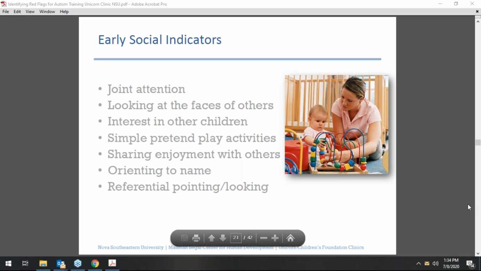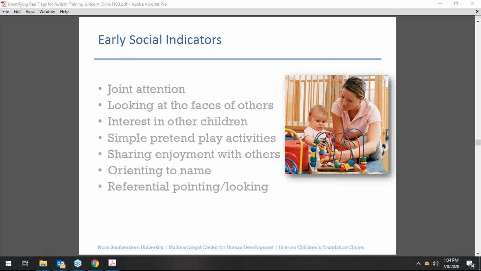And then we also have looking at the faces of others. Maybe when they're younger, they don't typically look at the faces of their caregivers. They might not be interested in other children, like Dr. Morello said. This might be a child in daycare, early intervention, or preschool who is not engaging with other children. They might be playing alone.